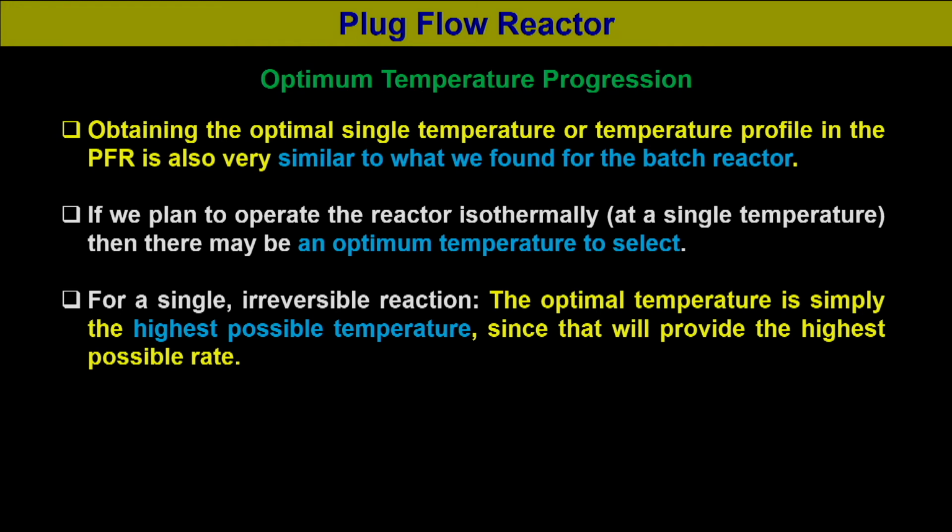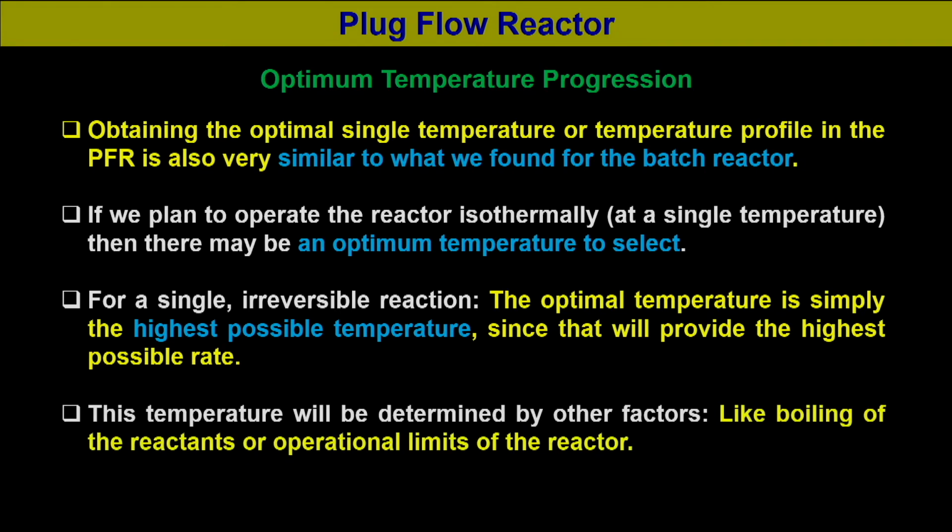For a single irreversible reaction, in this case the optimal temperature is simply the highest possible temperature, since that will provide the highest possible rate. This temperature, how can we determine? It will be determined by the boiling of the reactants or the operational limits of the reactor, that will tell what is the maximum permissible limit for the reaction to maintain.